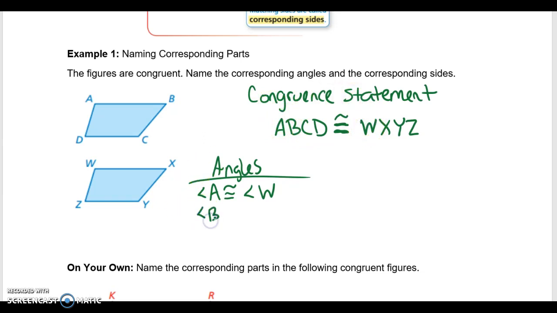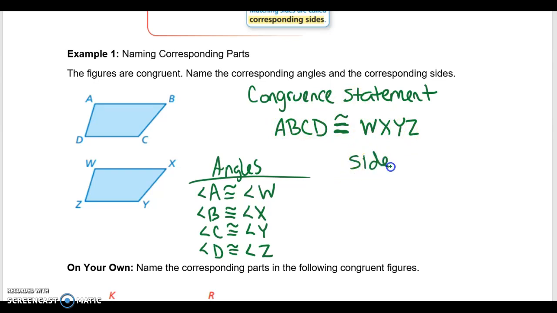Angle B is congruent to angle X. Second letter. Angle C, third letter, is congruent to angle Y, third letter. Fourth letter, angle D, and fourth angle is congruent to angle Z. So if you make these, you can just match it up first to first, second to second.